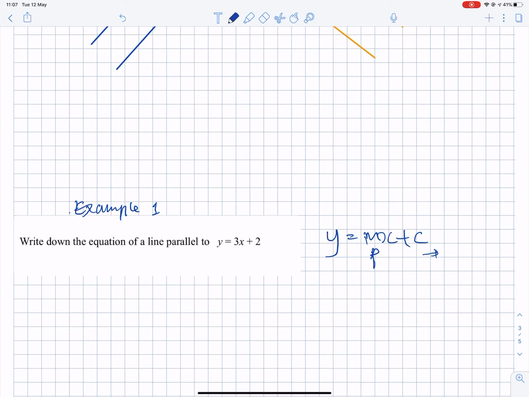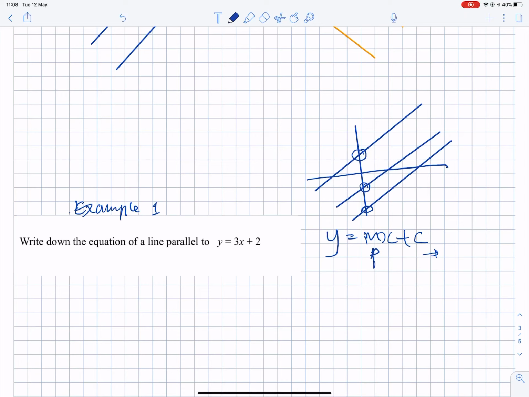For example, you could have a parallel line that goes like that, and another one that goes like that, another one like that. So there are an infinite amount of parallel lines, but as you can see, they all have different y-intercepts.